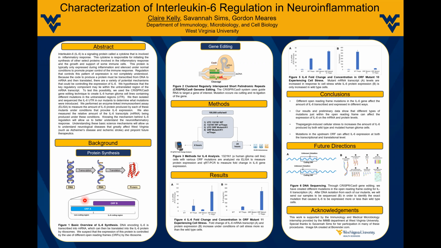So if you can imagine this line here as being this IL-6 RNA, what we think is happening is that the machinery used to translate the mRNA into a protein is using different open reading frames.